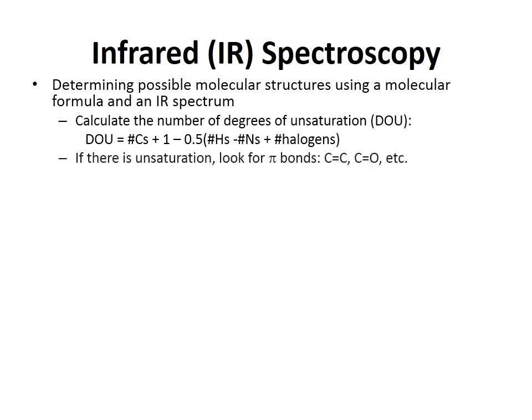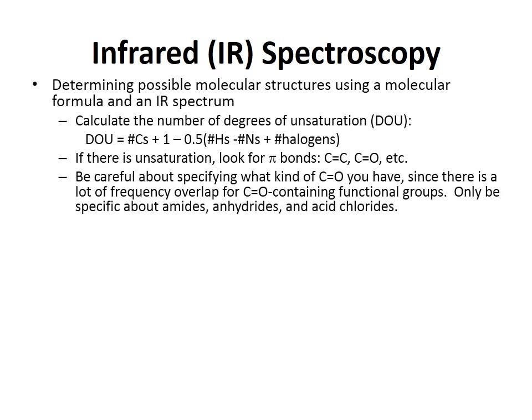If there is unsaturation, look for pi bonds in the infrared spectrum, such as C double bond C, C double bond O, etc. You're going to need to do that first so you can determine that these pi bonds exist, and you draw those down right off the bat.